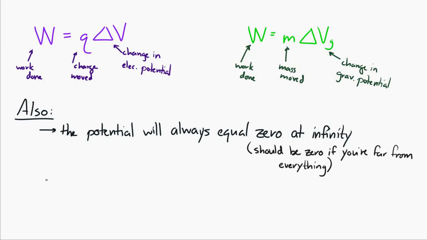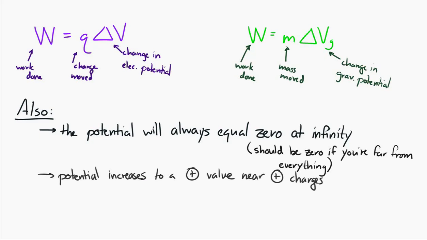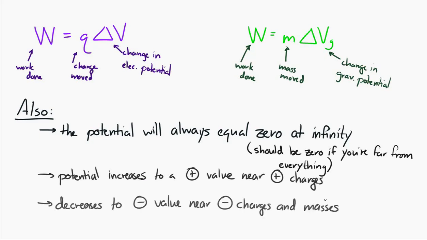And so we define the potential to be 0 when an object reaches infinity. Also, the potential increases to a positive value near positive charges, and it decreases to a negative value near negative charges and near masses.